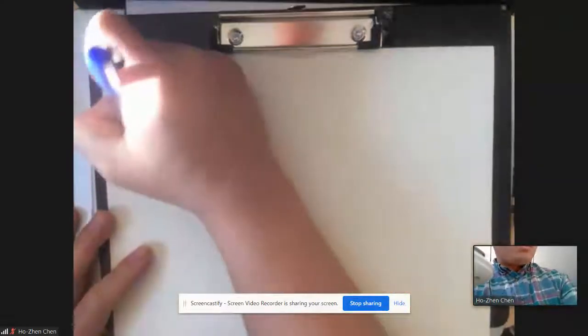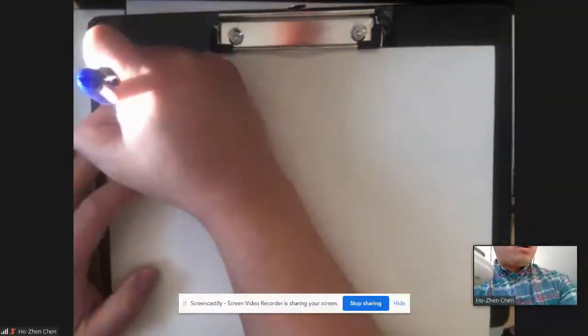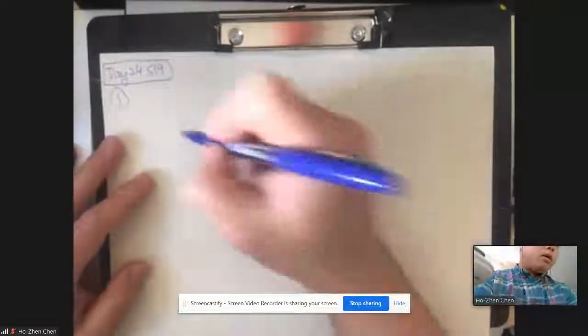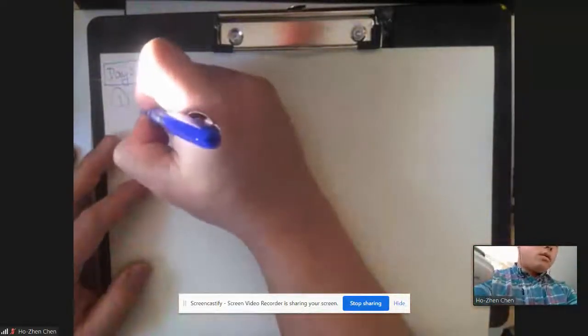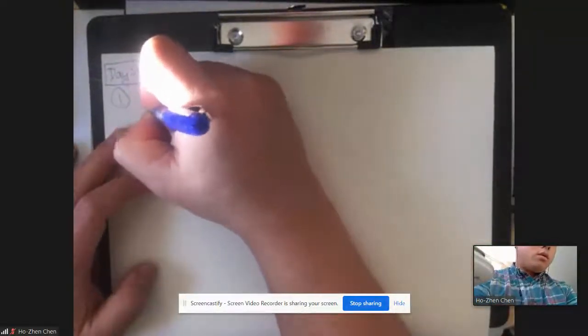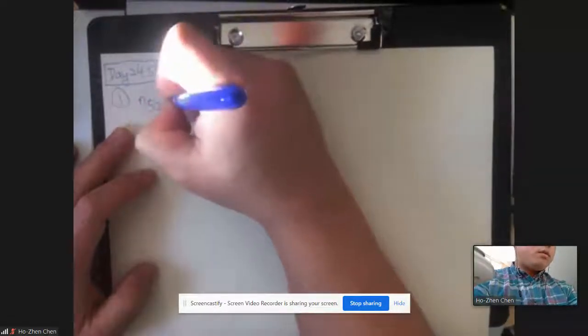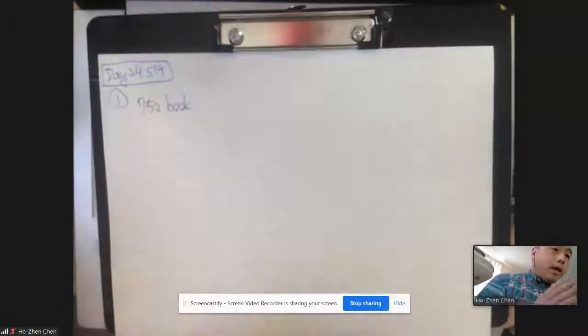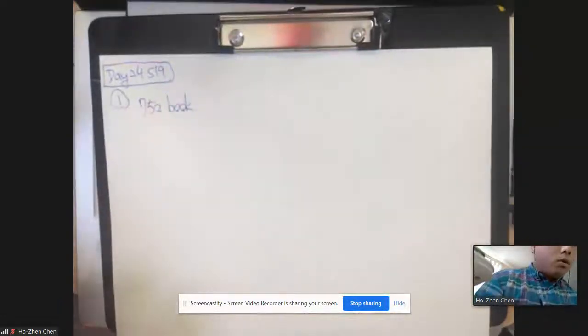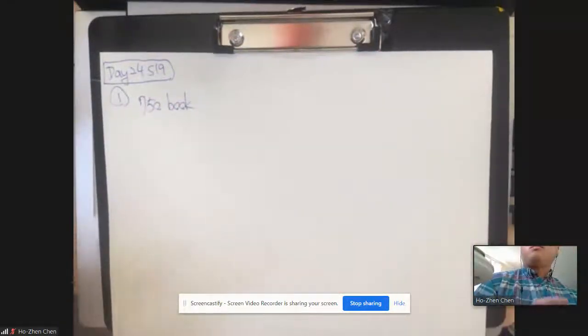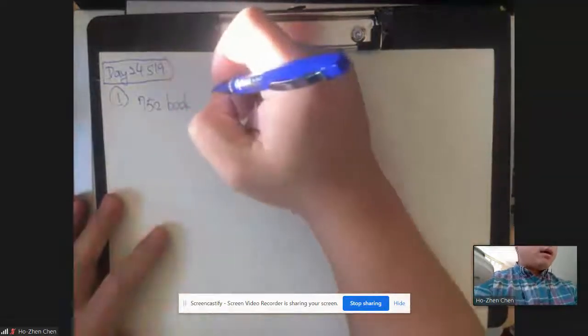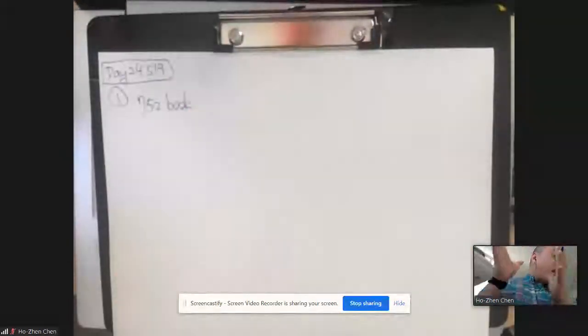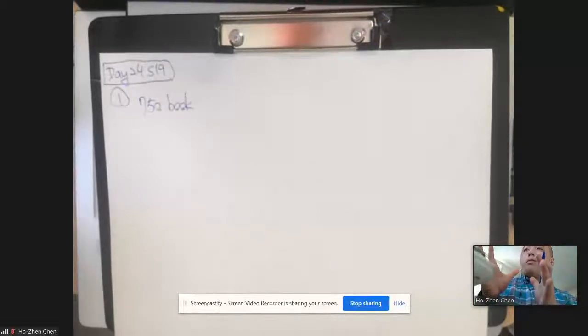So question one. We have 750 books, and they're going to be processed at 10 books per minute. If you think about it, I have a pile of 750 books.